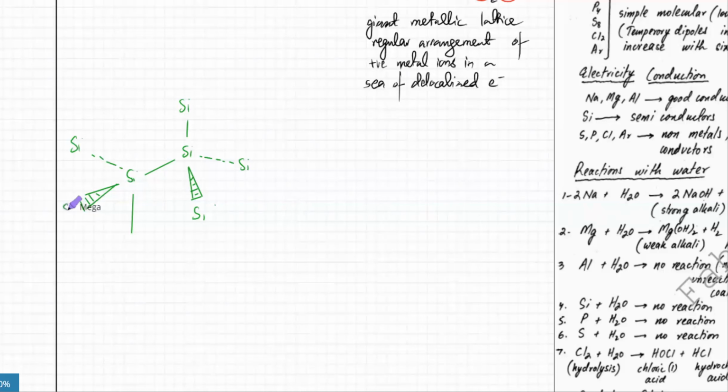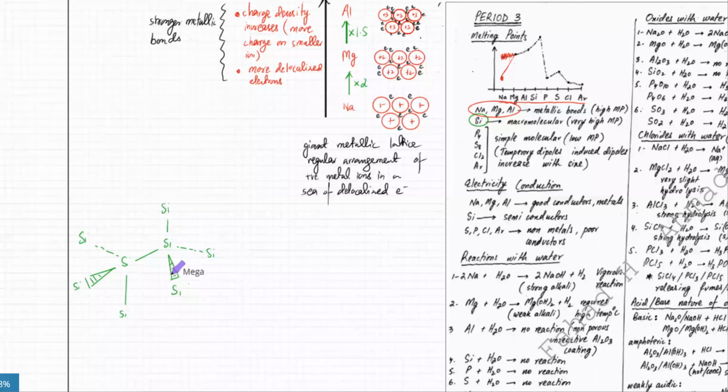So silicon, obviously, because it's like diamond, it's one of the strongest structures. So the melting point is going to peak at silicon. So silicon is going to have a lot higher melting point. Or uski reason, if they ask you in this paper, so you're going to mention the giant covalent structure. So that is the reason why the melting points are high.